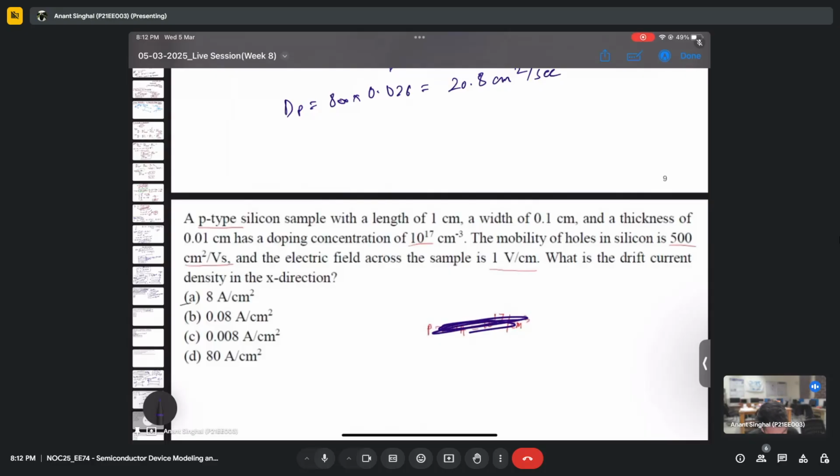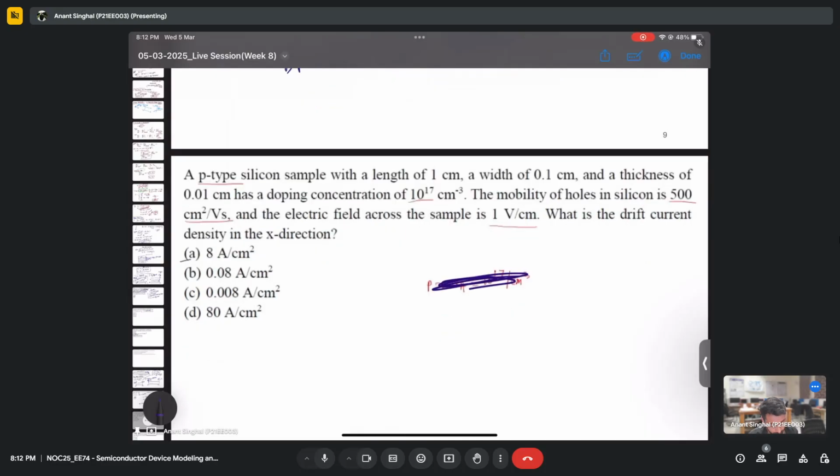So give it a try and let me know the answer. Take 2-3 minutes. The main thing is it is only asking you to calculate the drift current density, and everything is already given.